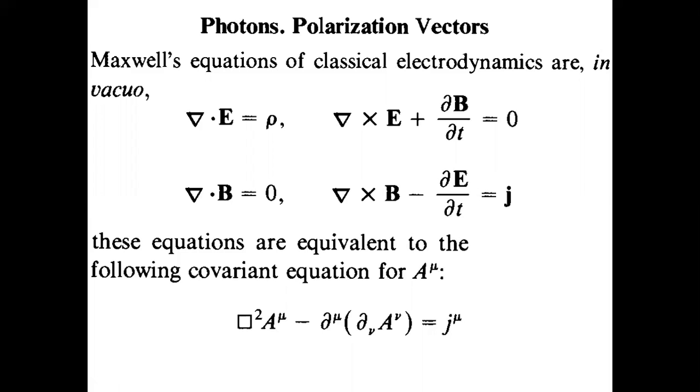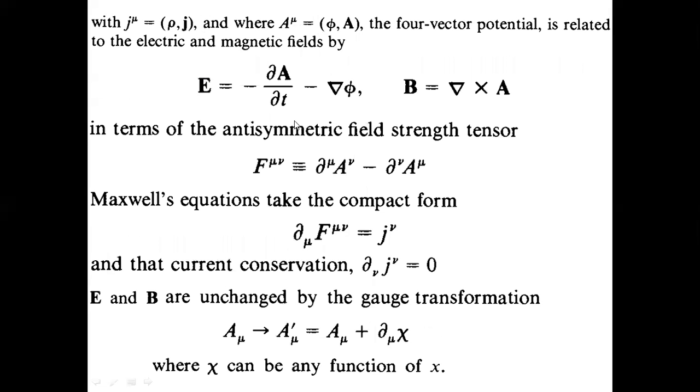We can write these equations in a compact form like this, right? Where E is given by this, B is given by this, A mu is simply this, and J mu is rho and J. If we introduce the field strength tensor, then this again comes into a very small form with current conservation, right?